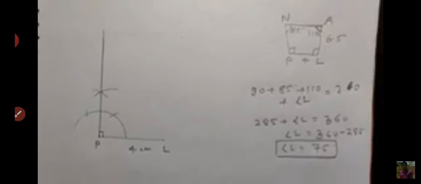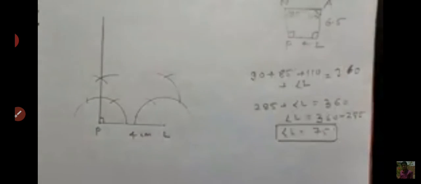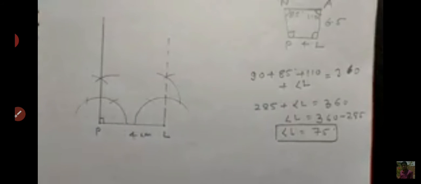So draw angle L 75 degree. First we draw 60 degree, then 90 degree. Okay, first we draw 60, 120 and 90. It's our 90 degree. Then 60 and 90. In between 60 and 90, the bisector of 60 and 90 is a 75 degree.